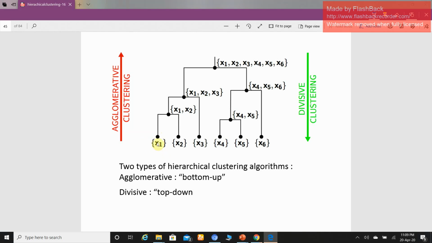Based on the single link technique, x1, x2 merge together. Next level, x1, x2, x3 merge together. On this side, x4, x5 merge together. Next, x4, x5, x6 merge together. At this level, x1, x2, x3 and x4, x5, x6 are merged together. Finally, this is the cluster.